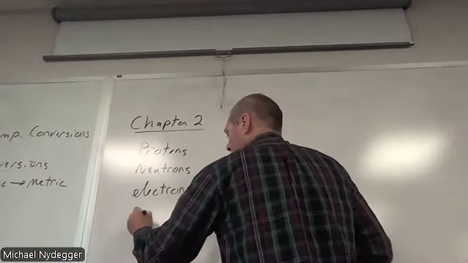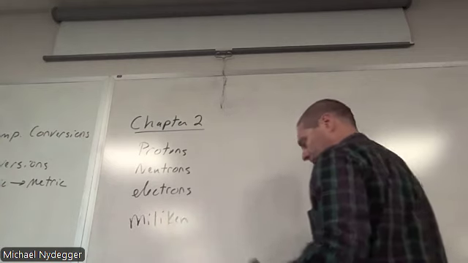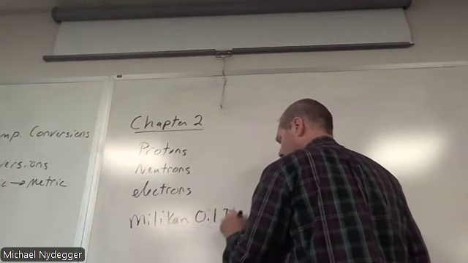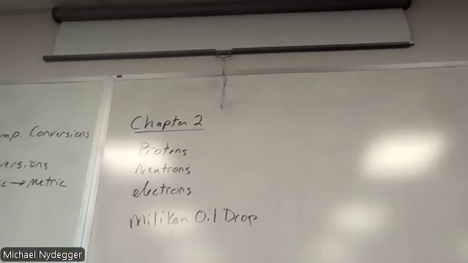Talked about the Millikan oil drop experiment. You remember what we got from the Millikan oil drop experiment? Remember what important thing we got from that? Yeah, we got the mass to charge ratio of the electron. Yeah, big one was the mass. We got the mass of that.